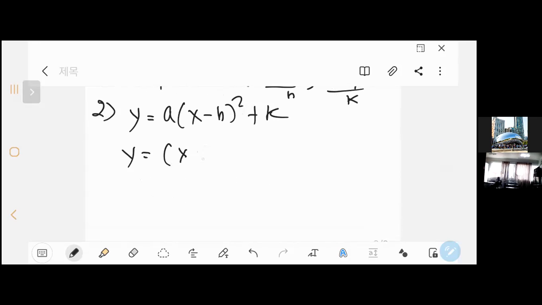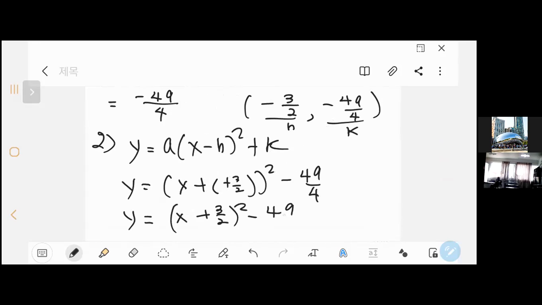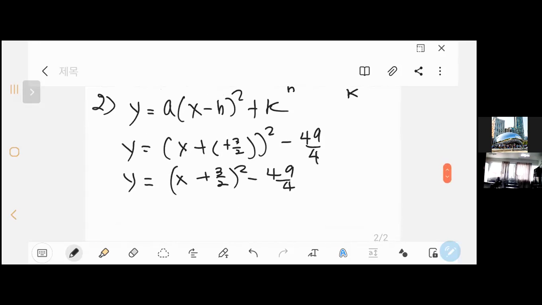Be careful here: you have to do x minus negative 3 over 2, and minus makes it plus. And then k is minus 49 over 4. Simplify that. Okay, that is your answer for number 2.